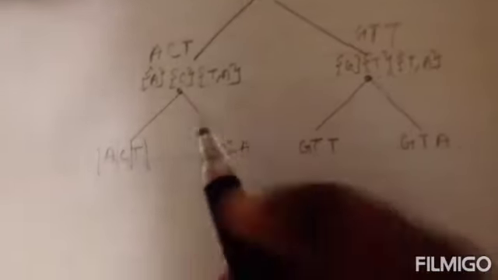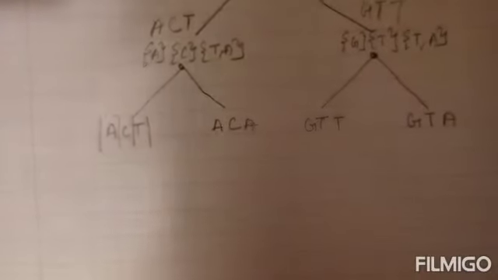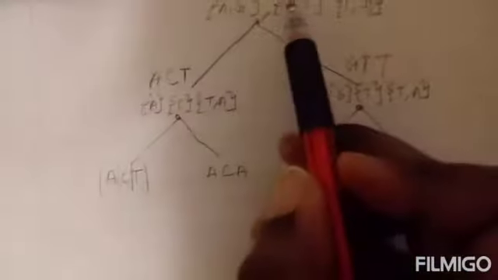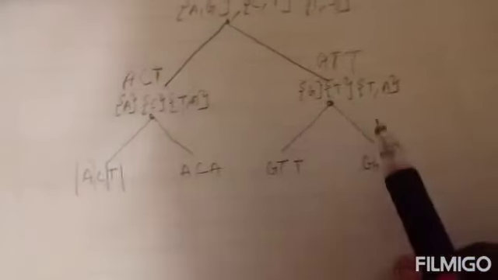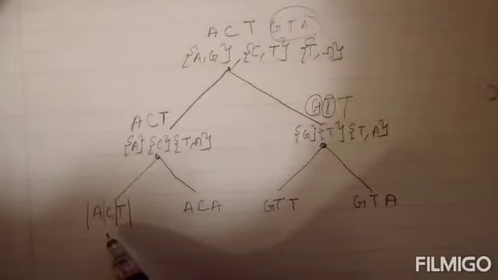Next, I'm going to see how many changes there are at these positions. If I consider this, there are no changes. Here I have this change, this is a change. Can you see this? My camera is getting blurred suddenly.